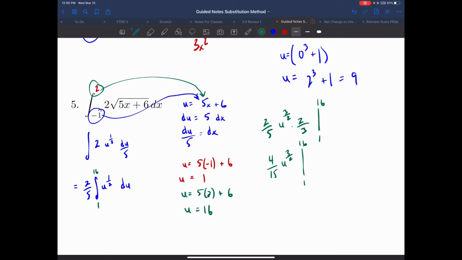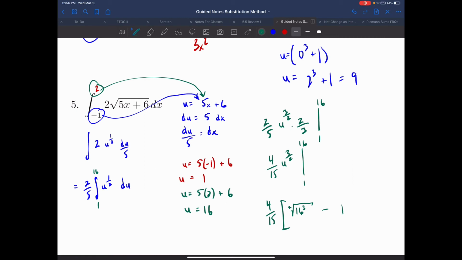Okay, so now I evaluate that, and we plug in 16. Since 4/15 is a factor, I don't want to have to multiply it twice. So this would be 16 to the 3/2. The denominator of that would go on the outside, so this would be the square root of 16 cubed minus 1 to the 3/2.